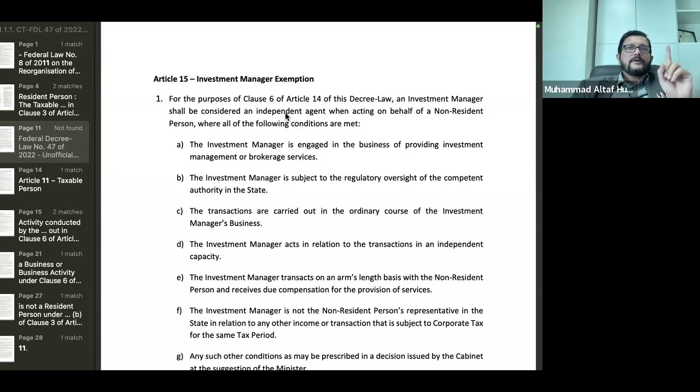The whole point of how does PE get formed? There are three different ways, right? First is fixed place of business. That's one way of PE being established. The activities have been controlled by the same. No, that's foreign companies, CFCs, controlled foreign companies.